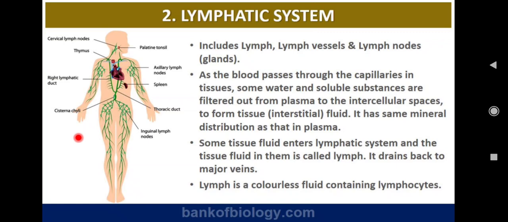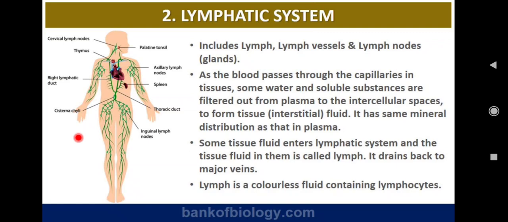Later it drains back to veins, and the veins carry all these substances, and again when the blood comes into the capillaries, the filtration happens again. These water and soluble substances stay in the intercellular space, and again mingle with the lymphatic system.